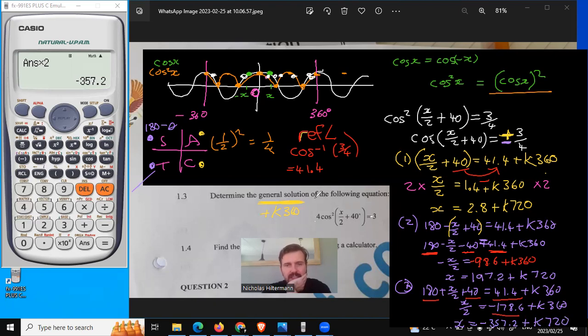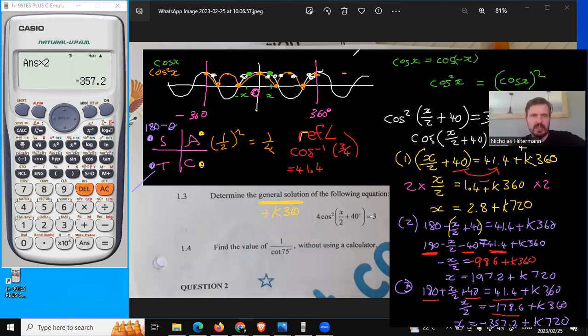Okay, and then the final one is the 360 minus the one in yellow. So I'm going to have to make just a little bit more space here.